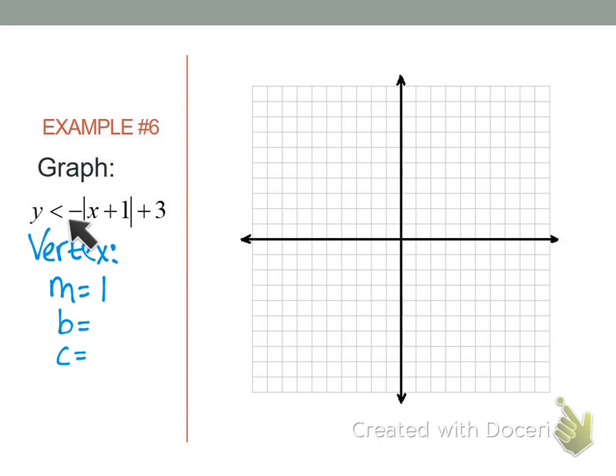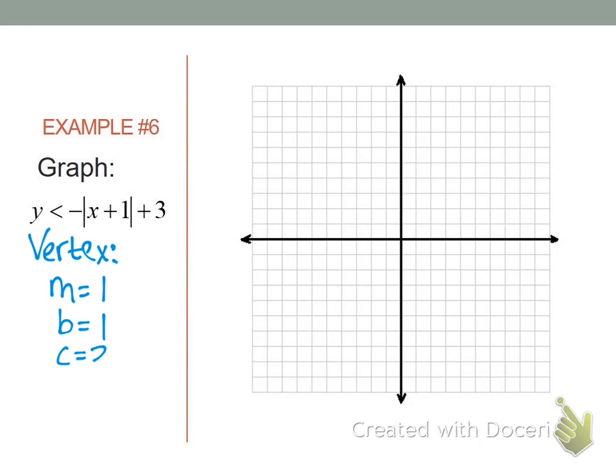Remember, we don't consider the negative out in front of the absolute value as having anything to do with M right now. What does that negative sign mean? Whatever we get in the absolute value is going to be negative, but what people were saying about our graph is that it will be upside down. That's what that negative sign is important for.